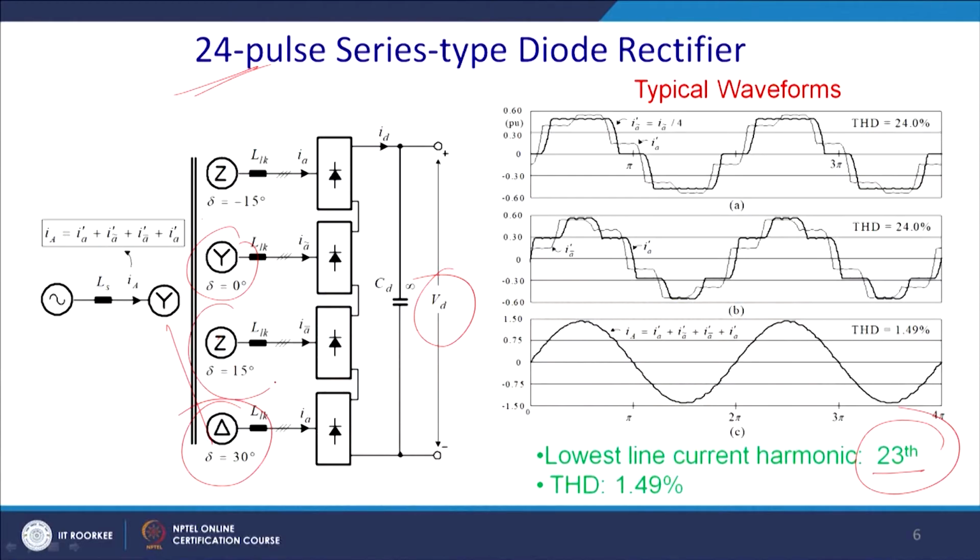So, we require a special kind of transformer to be designed. But you can have some manufacturing advantage, because you will be using star-star and star-delta, and these vector groups are available commercially. Only two special vector groups you require to make in case of the 24 pulse converter.